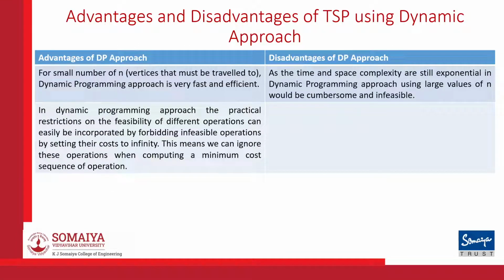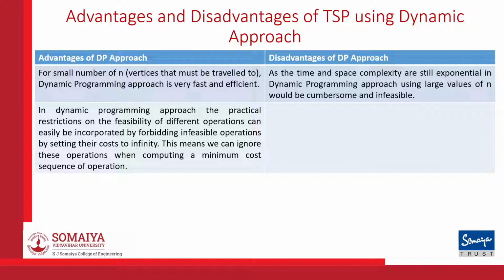So what are the advantages and disadvantages of solving the traveling salesman problem using the dynamic approach? So one of the benefits of the dynamic programming approach is that for a small number of n, that is the vertices that must be traveled to, the dynamic programming approach is very fast and efficient.